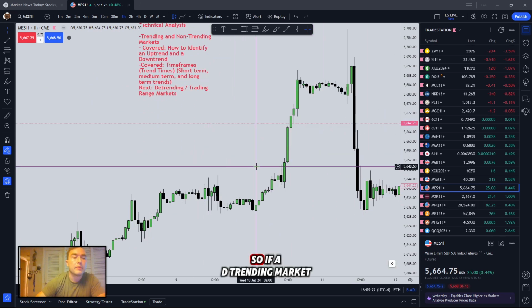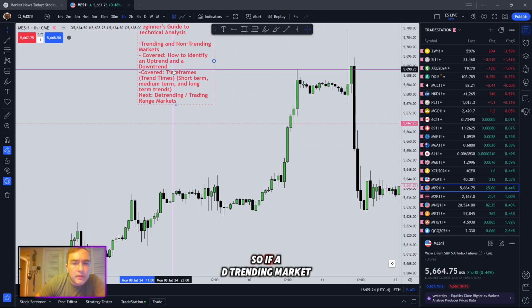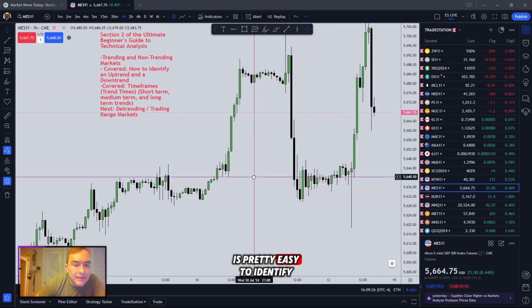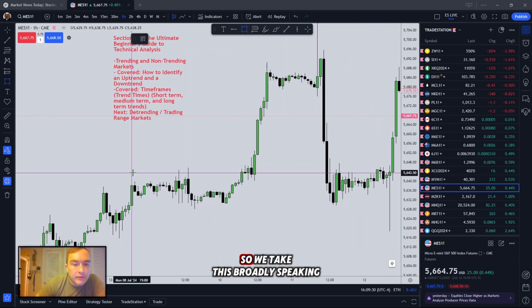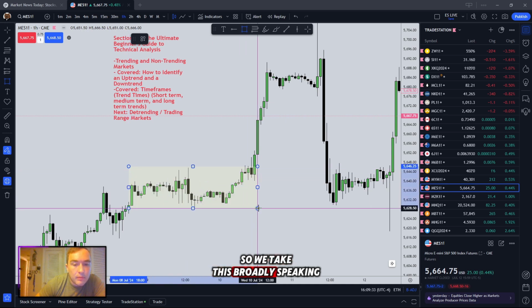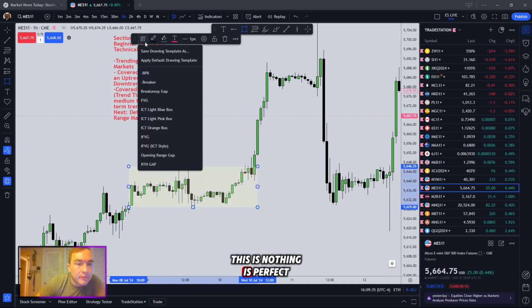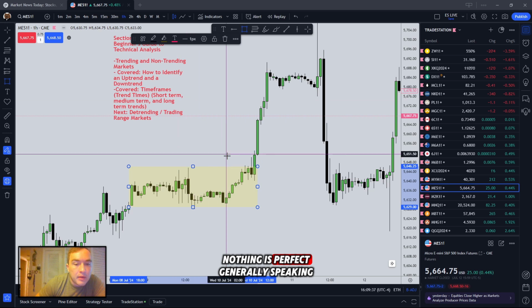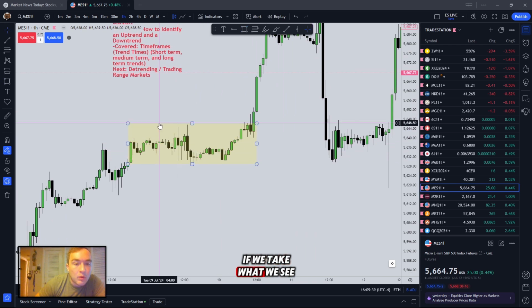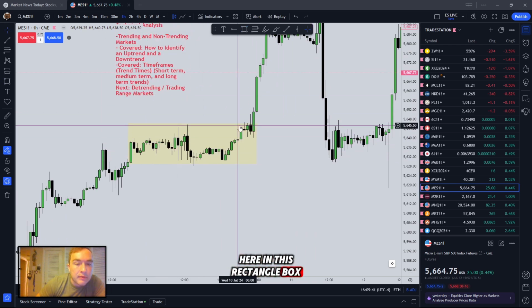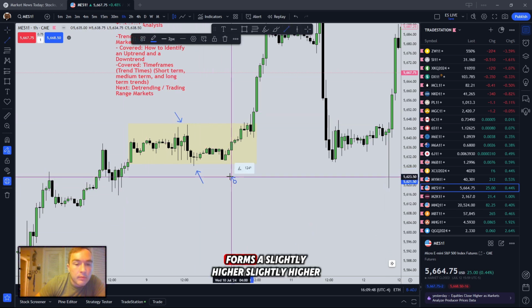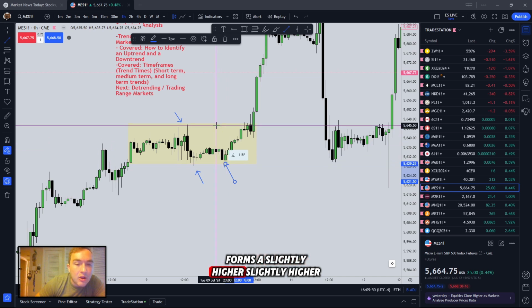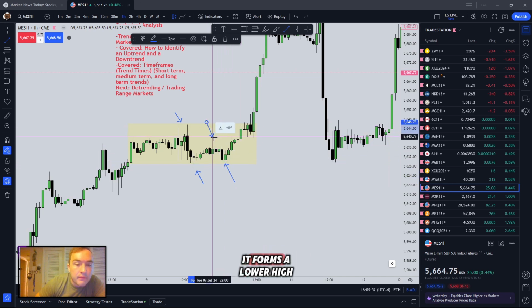A detrending market is pretty easy to identify because it looks like the market is going sideways. Broadly speaking, and guys, nothing is perfect, if we take what we see here in this rectangle box, notice that the market forms a high, it forms a low, it forms a slightly higher low, but it forms a lower high.